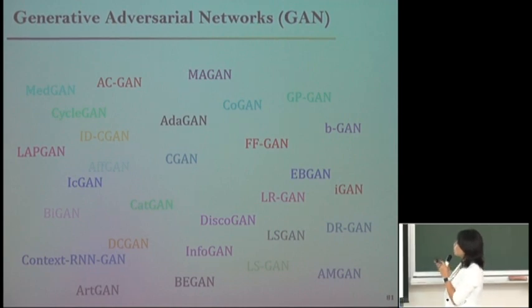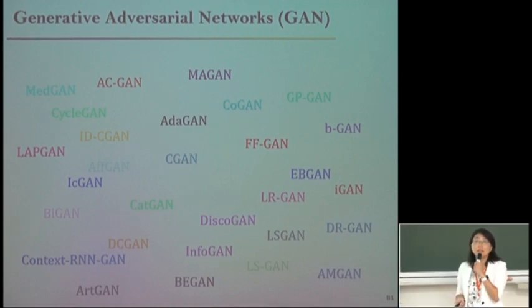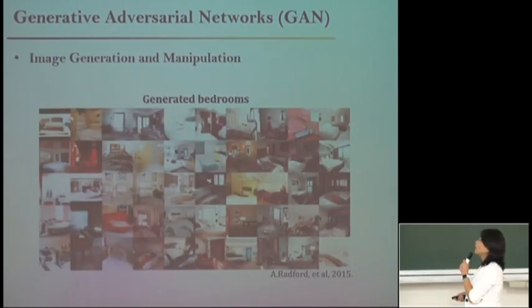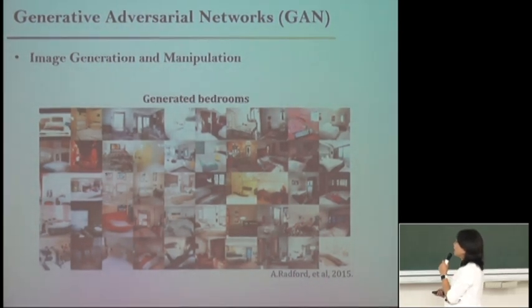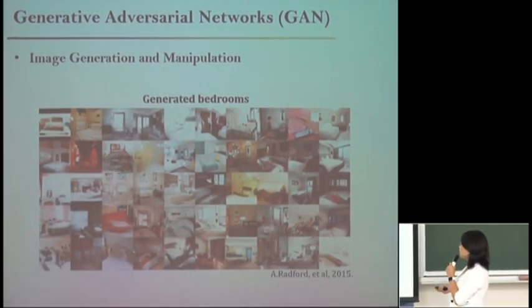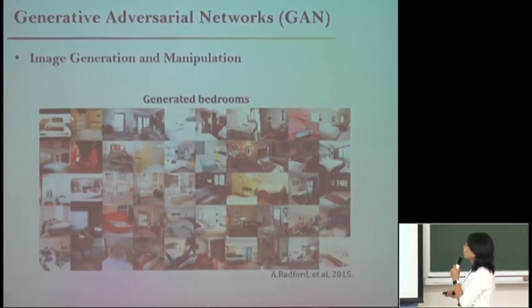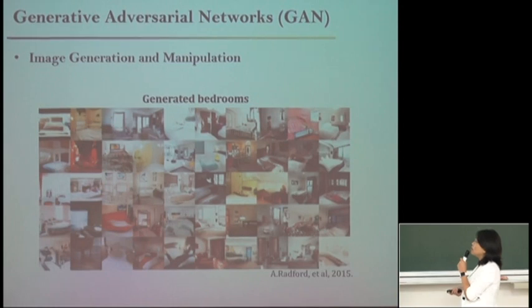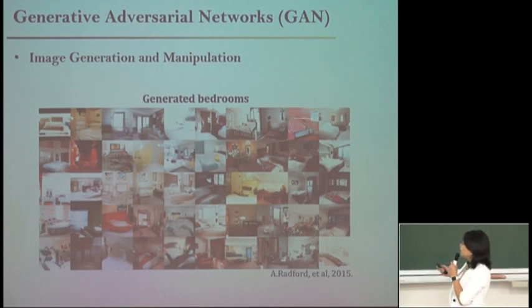This shows all different types of GANs and the applications of GANs in the past 2 years. I can show you several examples. This example was published in 2015, using machine learning algorithms and systems to generate images of bedrooms. You might not be able to see this very clearly, but just have a glance, and it all looks like bedrooms, right?